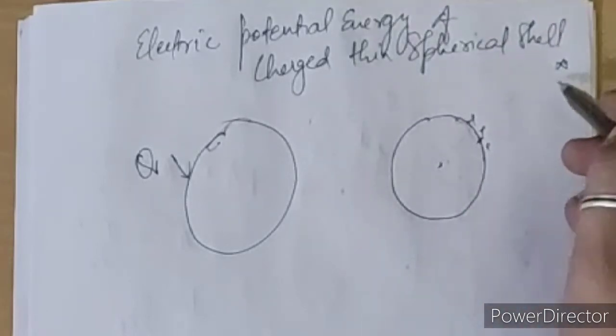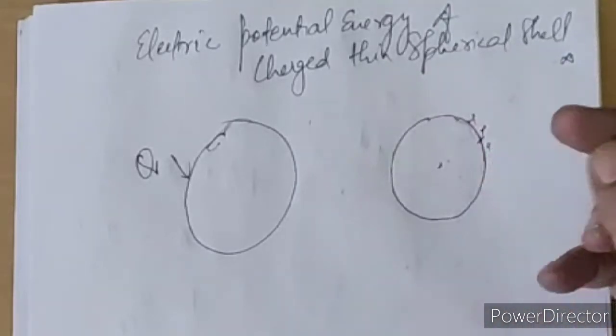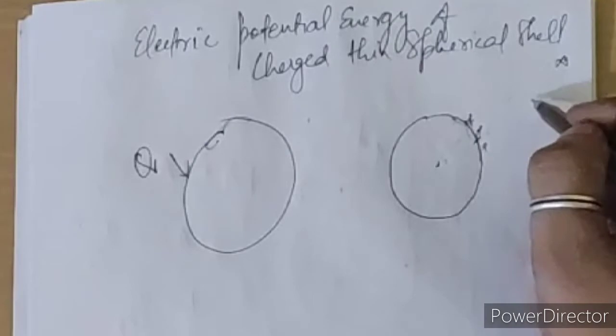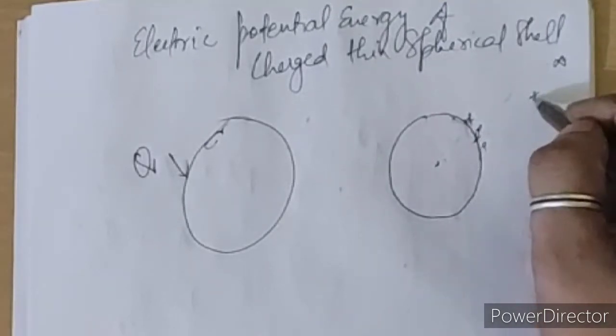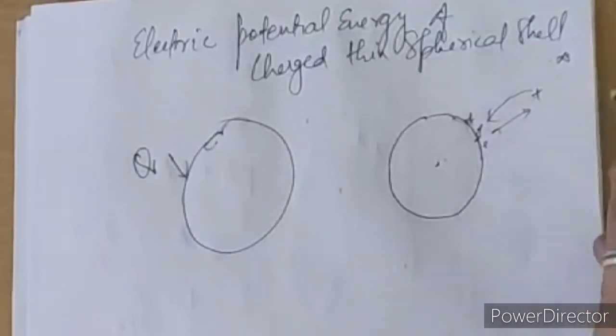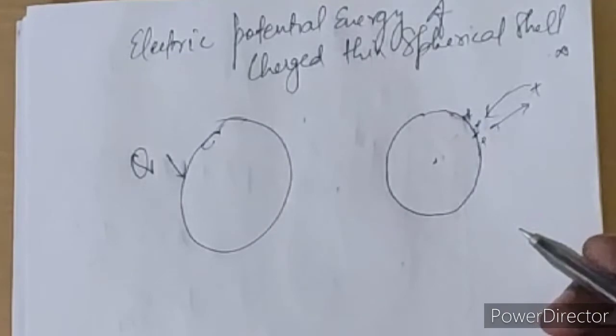So when new charge has to be brought from infinity to here, work has to be done, because the positive charge which is already collected will be repelling the positive charge which we are bringing. So that's why we have to do the work in bringing the charge.